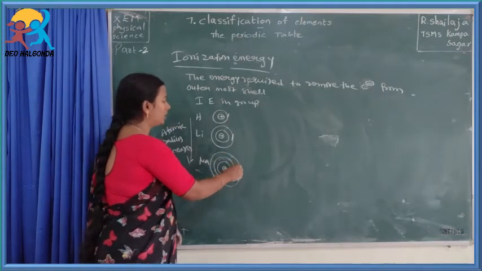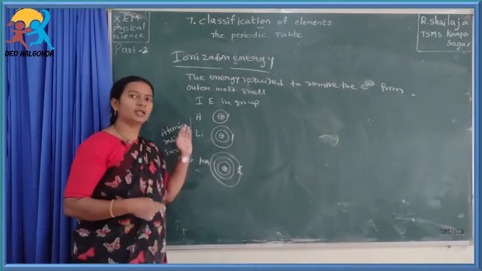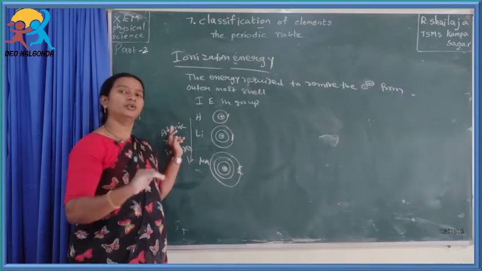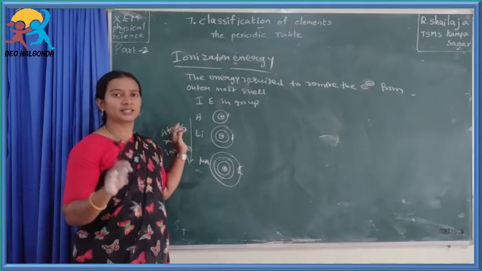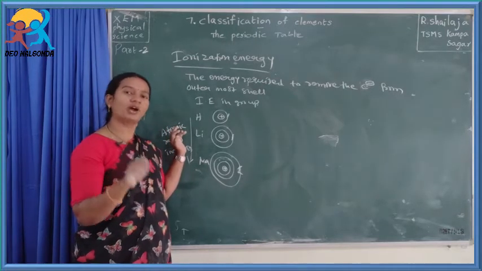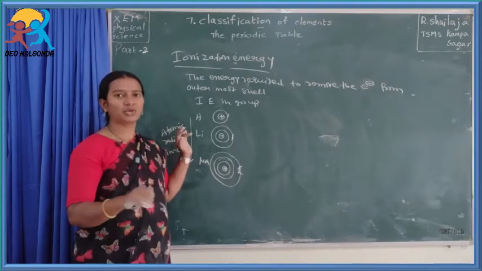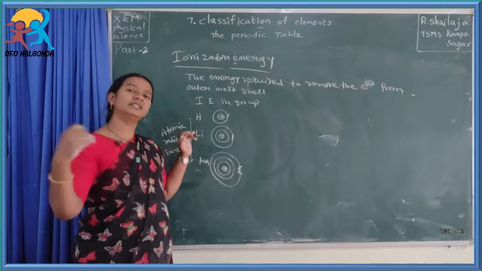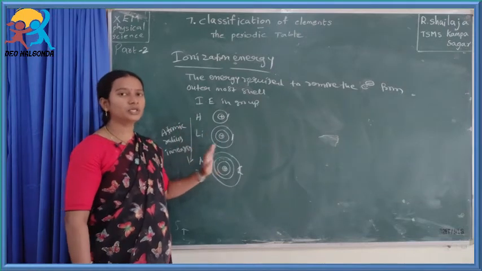Going from top to bottom in a group, the number of shells increases, which means the distance between the nucleus and the outermost shell increases. If the distance increases, the attracting power of the protons on the outermost shell electron decreases. So the attracting power decreases, and it is easier to remove the electron from the outermost shell.